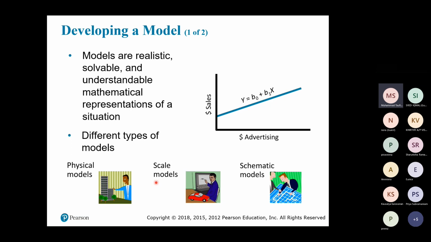We can get assistance from the software, the statistician, the big data engineer or the data scientist. They are the experts in developing the mathematical model to represent our problem.